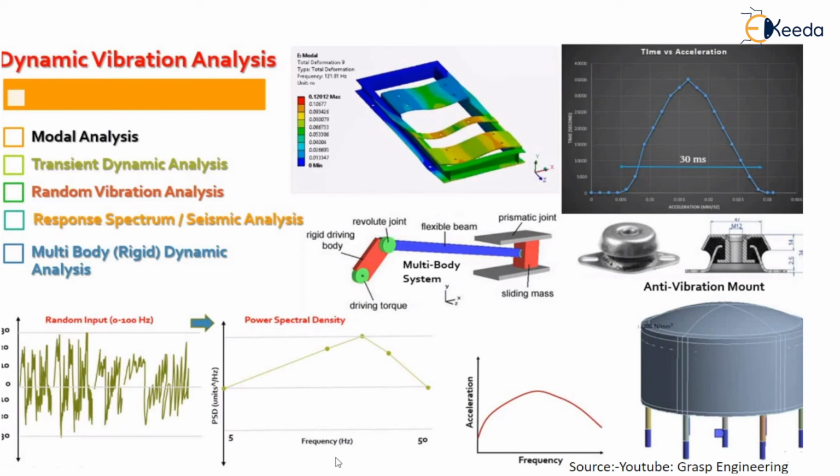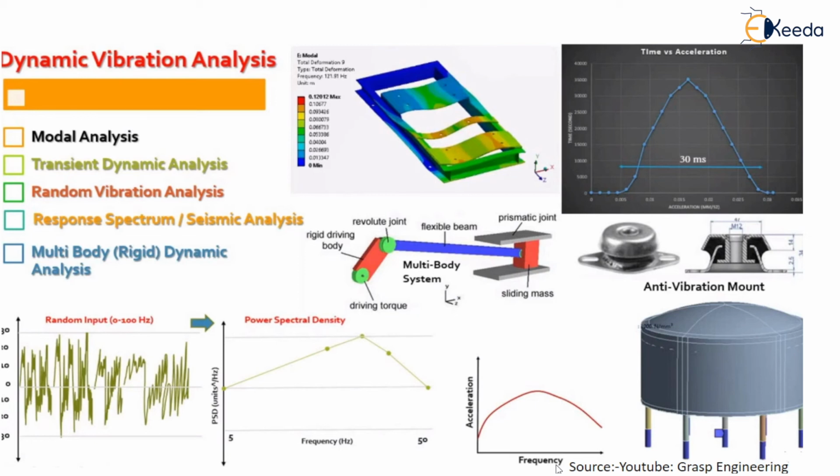Then we move to the seismic analysis or response spectrum analysis. This is an LNG tank, and if you observe, the base structure is fixed and there is a green line here, which shows an acceleration versus frequency graph. Seismic analysis comes when an earthquake is coming, and due to the earthquake that structure is going to collapse.